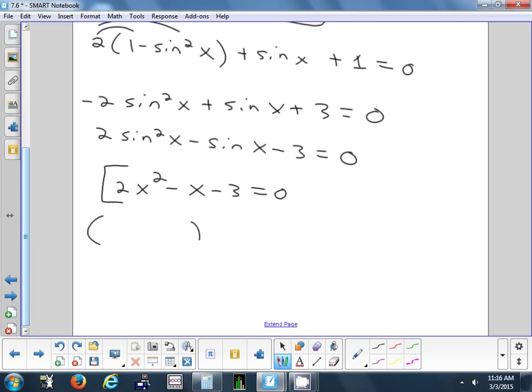Okay, let's try to factor. What's going to be my first term in each parenthesis? Andy? X. Okay, we're going to need an x in one of them, if we're doing it, and then what else?